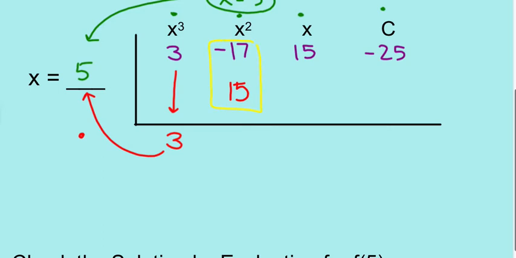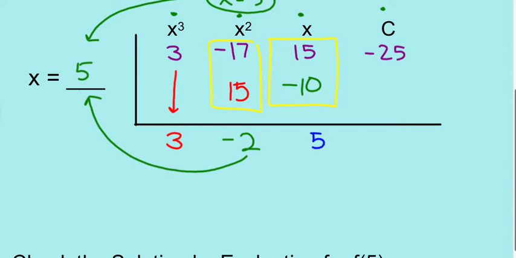So negative 17 plus 15 is negative 2. Now again, that's underneath the box, so now that's going to multiply by 5. So negative 2 times 5 is negative 10. Goes right here. Now I add the column. Positive 15 plus negative 10 is a positive 5.